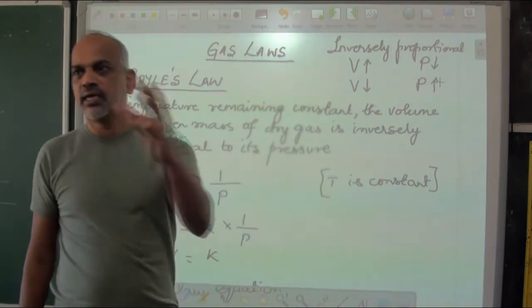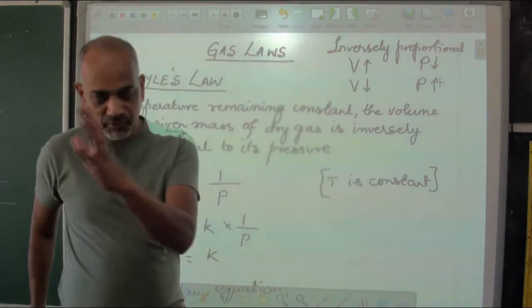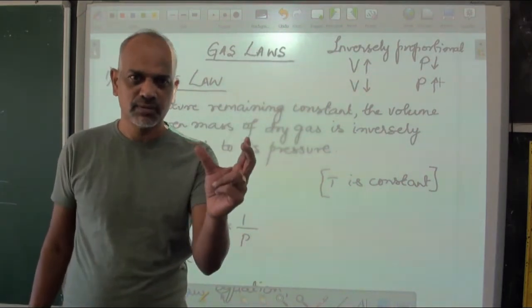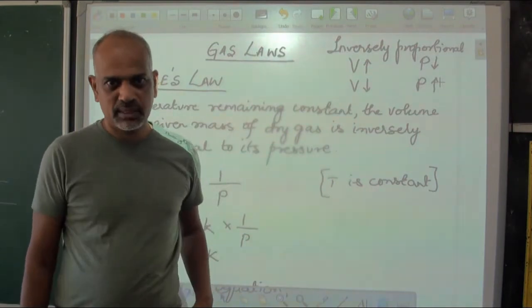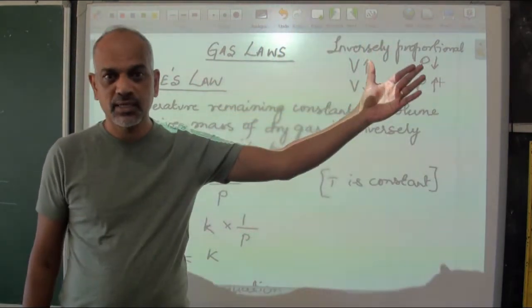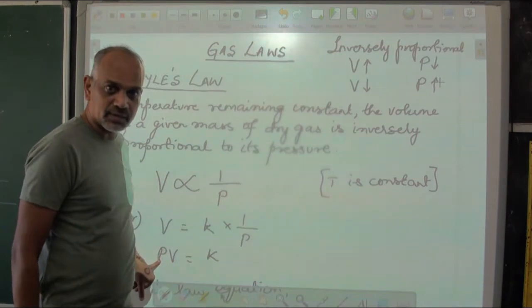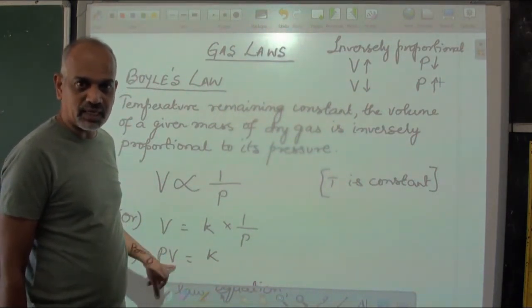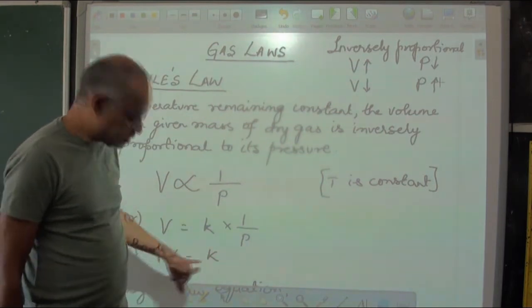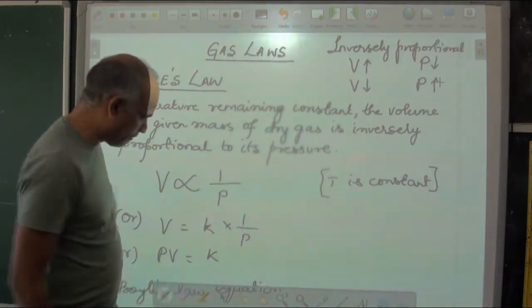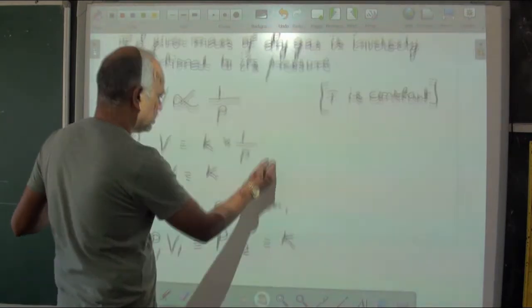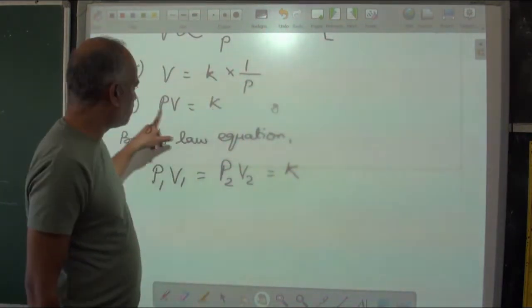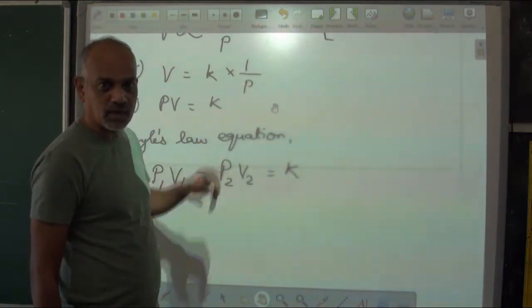Say in this room the pressure is P1 and the volume is V1. If you multiply that, you will get a value, some number. I go to a different place where the pressure is slightly different and the volume is also different. If I multiply P and V in that place, it will still give you the same constant. This is what you get from Boyle's law. P into V is always a constant.